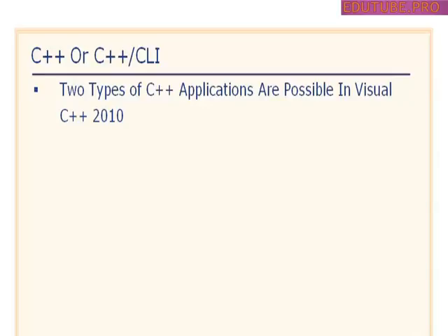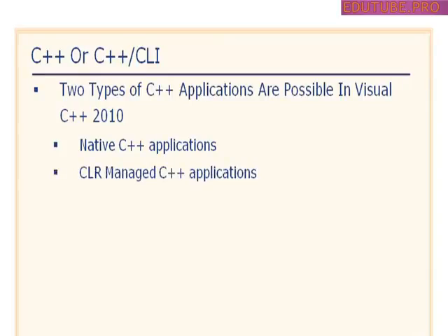So I want to talk about this question of whether you want to use C++ or C++/CLI, or you'll hear it called C++ CLI. The bottom line is we have really two types of applications that we can build in C++ now. There are those native C++ applications, and then we can do CLR managed C++ applications. If you don't know what either one of these are, just hang on a few minutes and I'll get you up to speed.